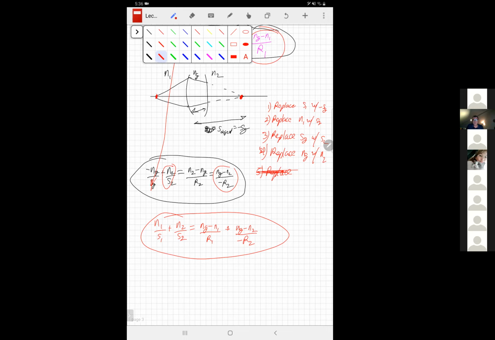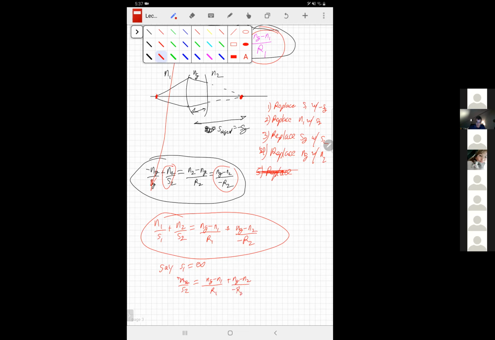Just to connect this with what we've been doing though, even though we haven't really proved that we can use this for any S1 and S2 that we want, we're going to prove that. Given that, let's just think about the implications. What if S1 is infinity? Then N2 over S2 equals NG minus N1 over R1 plus NG minus N2 over negative R2.